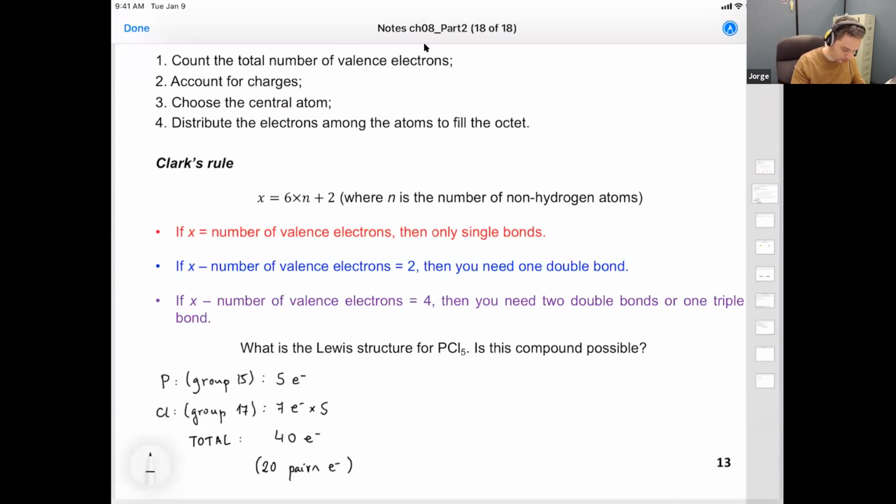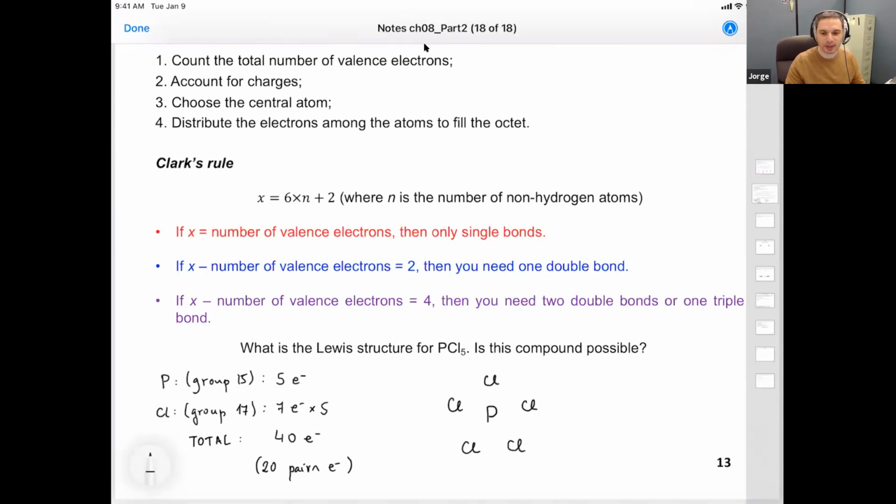Here, there is only one option, and that's phosphorus. So that's going to be our central atom. And now I'm going to surround phosphorus with 5 chlorine atoms. Doesn't matter where you put them, it is random for now.